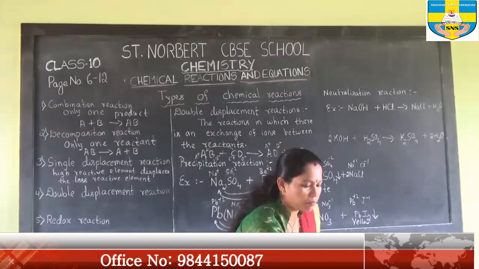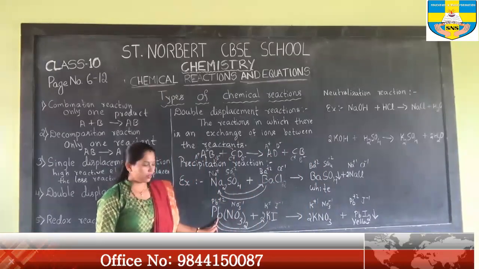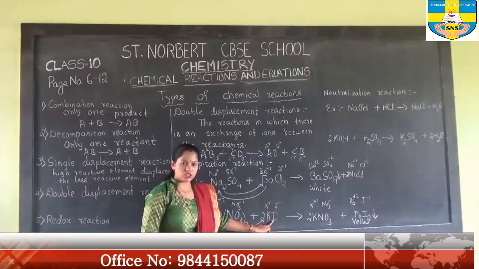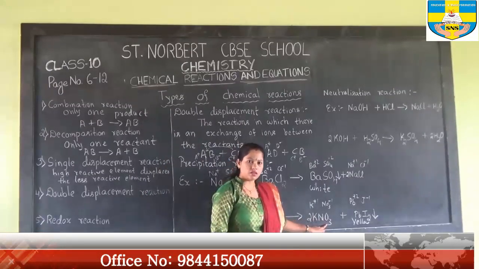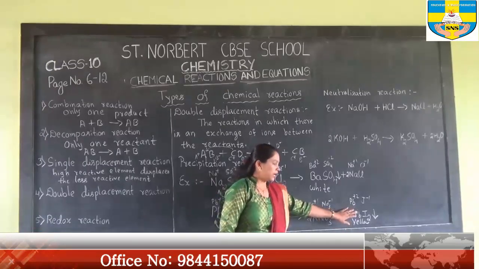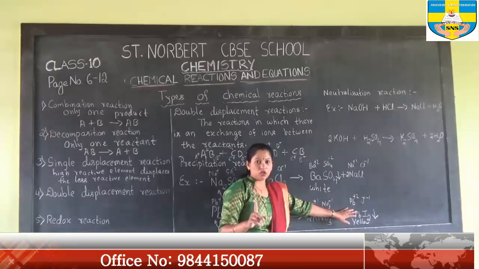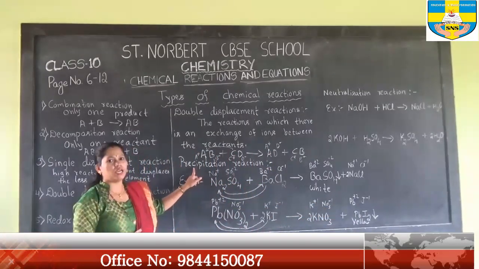So the complete reaction is lead nitrate reacts with potassium iodide. It produces potassium nitrate and lead iodide. Here the lead iodide forms the yellow color precipitate. So this is also an example of the precipitation reaction.